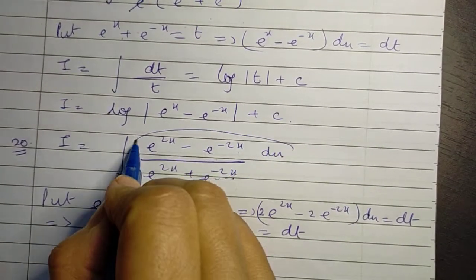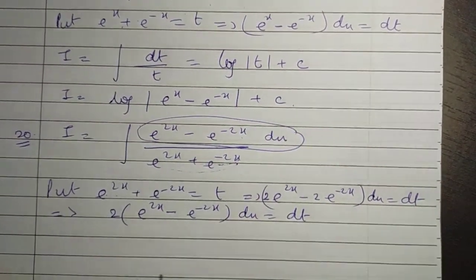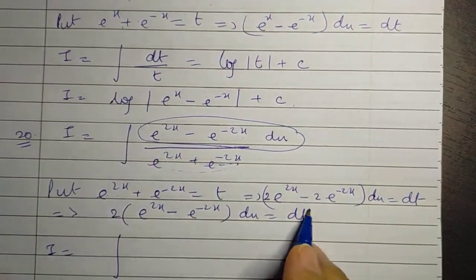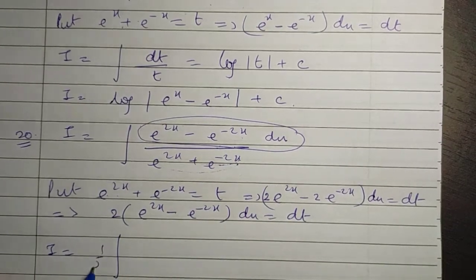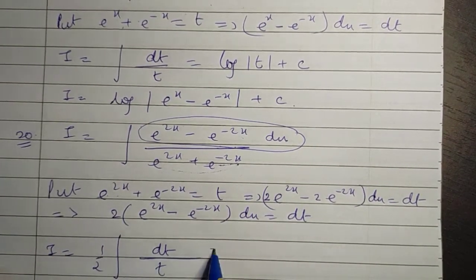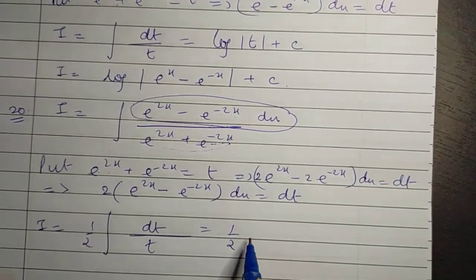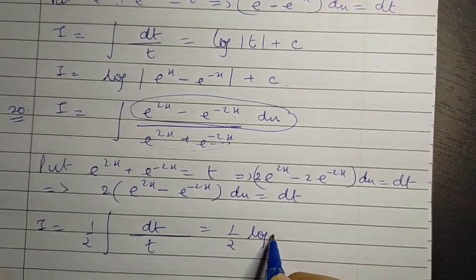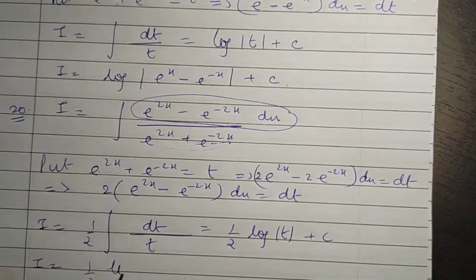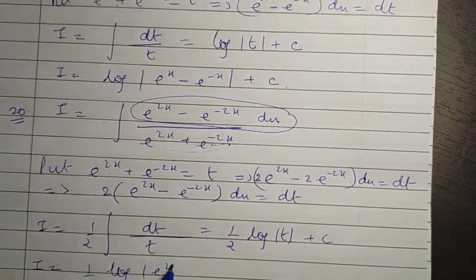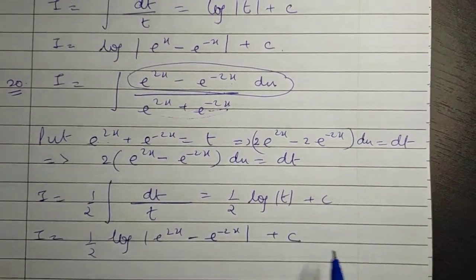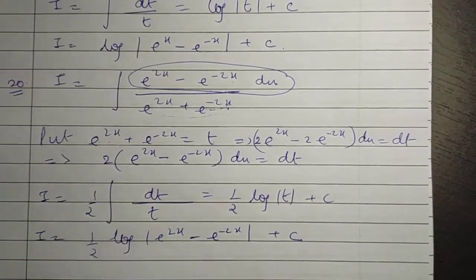So again this portion gets absorbed in dt, and what we get is I becomes equal to, this becomes dt upon 2, that is half of dt, and here you get t, which gives you half of log of t plus c. Just simply replace back, you get half of log of e raised power 2x plus e raised power minus 2x plus c, and that's the answer.